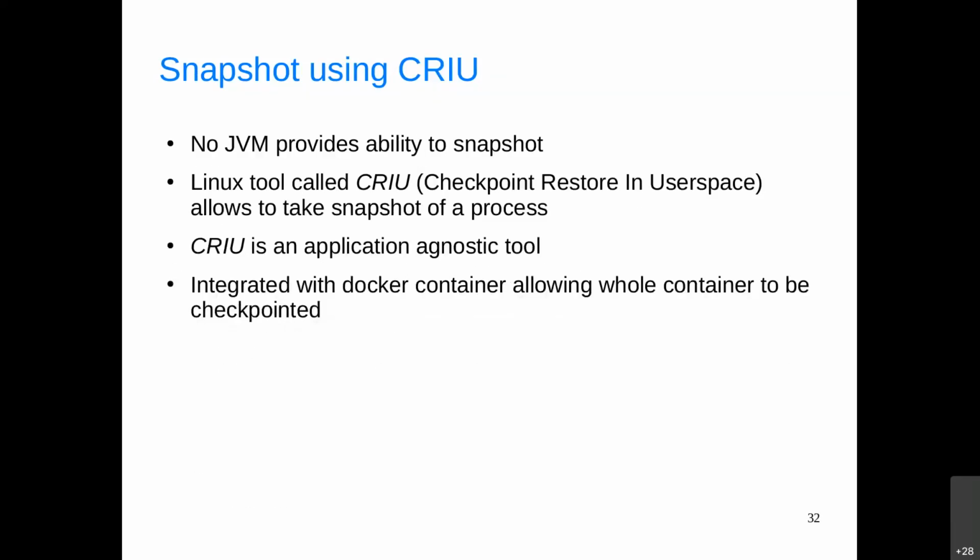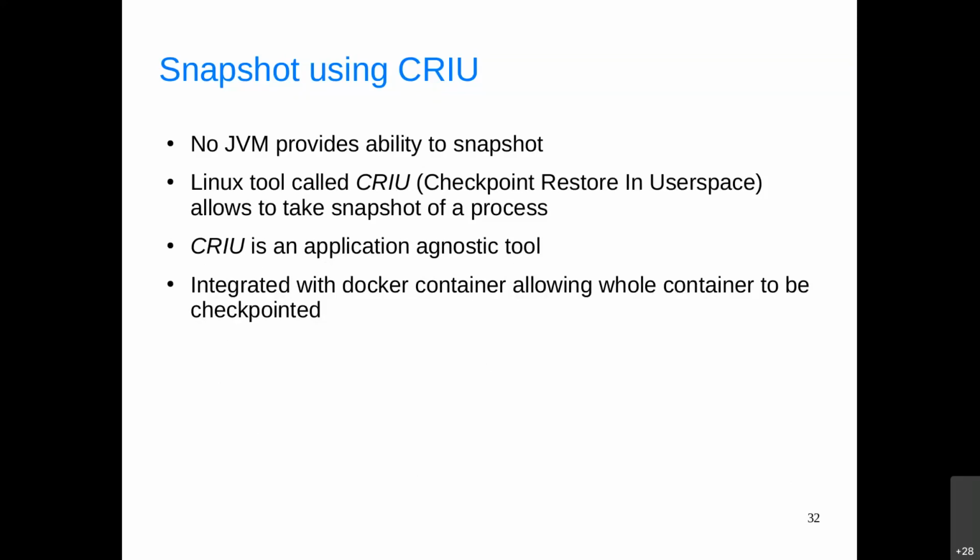The problem with this snapshot-based approach is that currently no JVM provides the ability to create snapshots. There is a Linux tool called CRIU, and we have been playing with this tool in the context of OpenJ9 to create snapshots and to get an idea of how much improvement we can get using the snapshot mechanism.